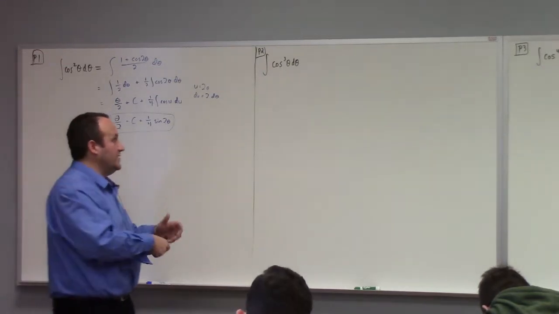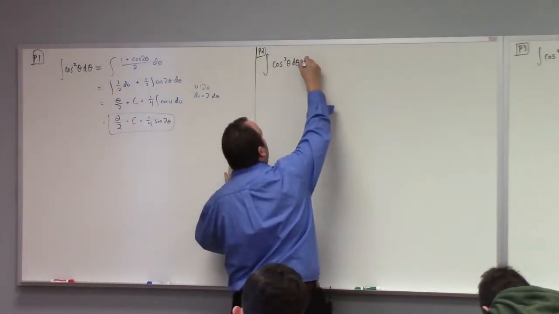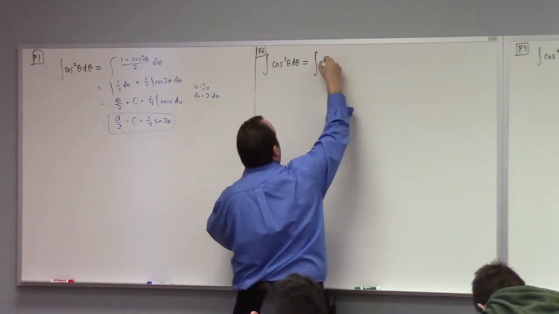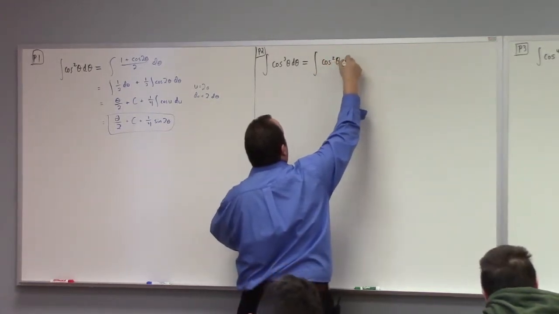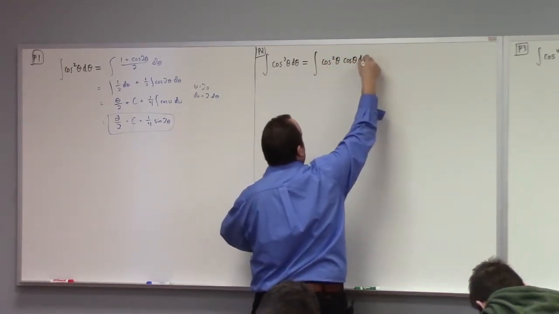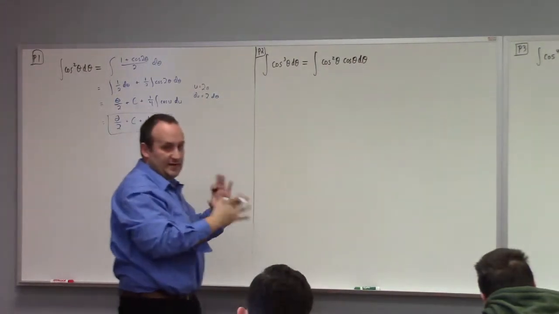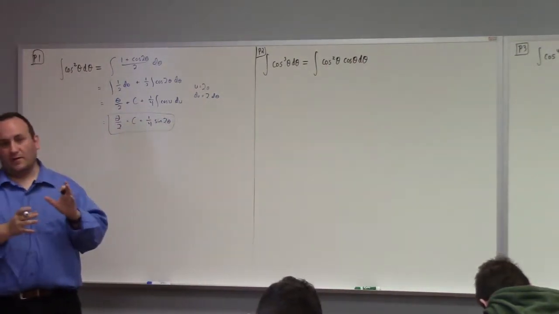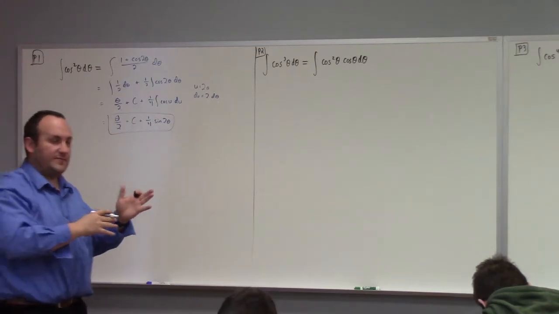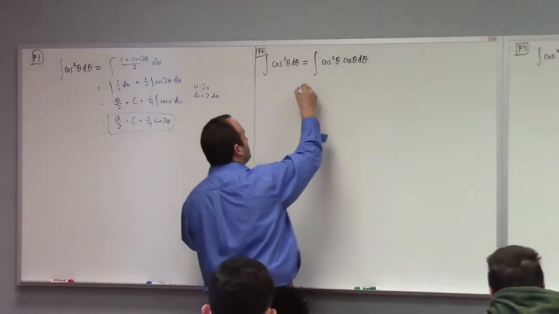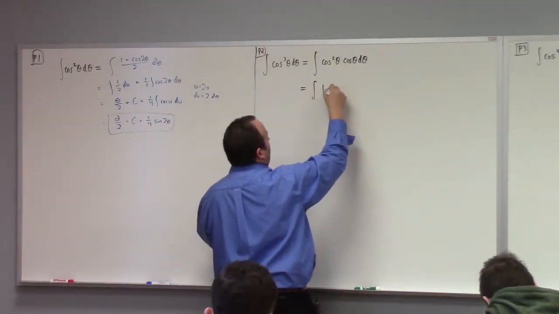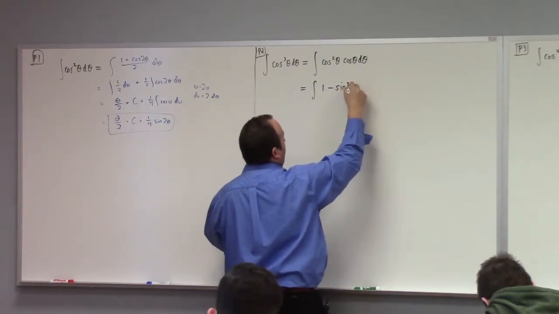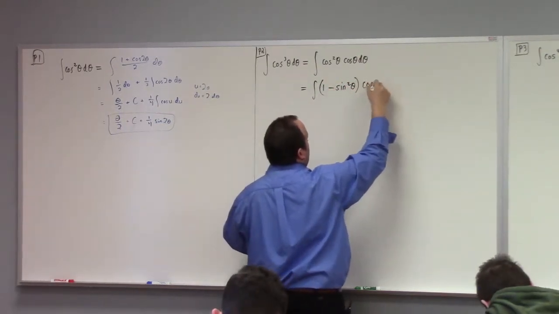So there's a simple way to do this integral, which is to convert this to cosine squared theta times cosine theta d theta. Now that alone is not it. But if I do one more step, it becomes obvious how to do this integral. This is integral of 1 minus sine squared theta cosine theta d theta. Aha!